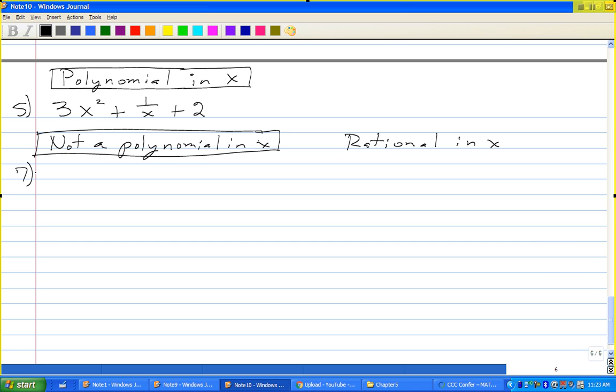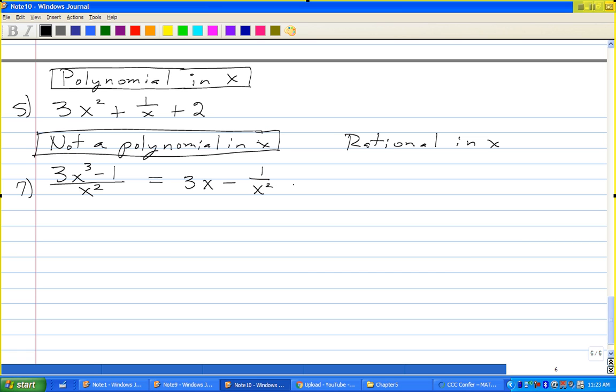Number 7. 3x cubed minus 1 over x squared. Again, this would look like 3x squared, x cubed divided by x squared is x, minus 1 over x squared.